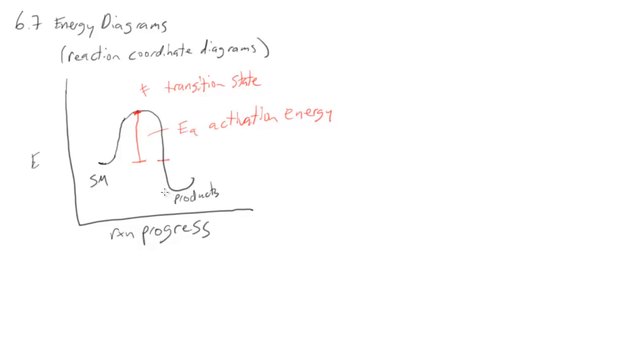And then we have the energy difference between our starting material and products, and that's delta H of formation, or heat of formation, or enthalpy of formation. If the energy of formation, or delta H, is negative, that's going to be exothermic.